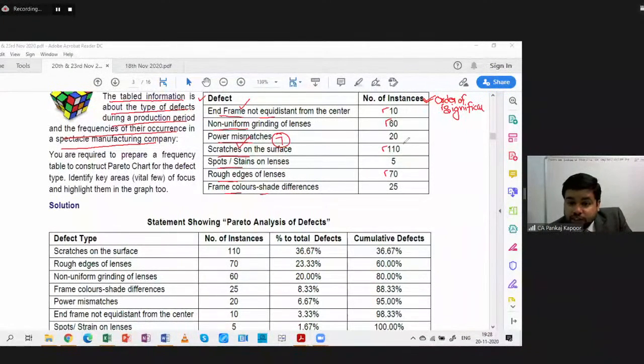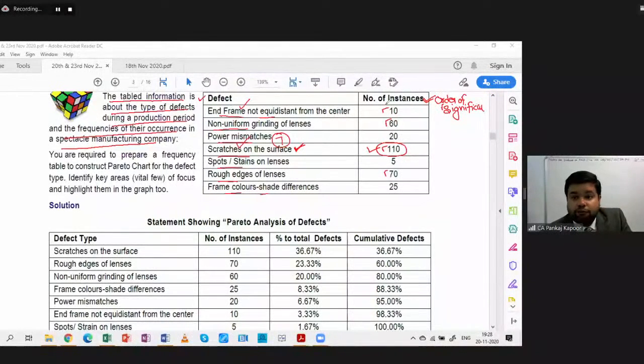Friend, the first defect, or the reason on which we will work, will be the scratches. You can see if we correct this particular problem, it will solve the 110 cases where the defect arises.